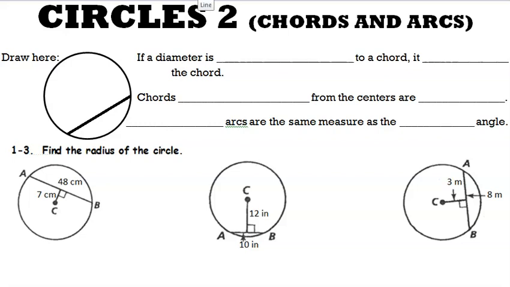Now, in order to understand the math, we are going to bring in what we know about a diameter and a radius as well. So let's say the center of your circle is just going to be right about, let's put it right here. Okay.